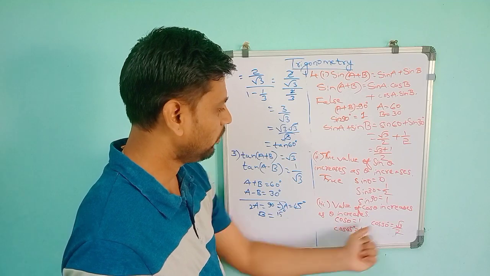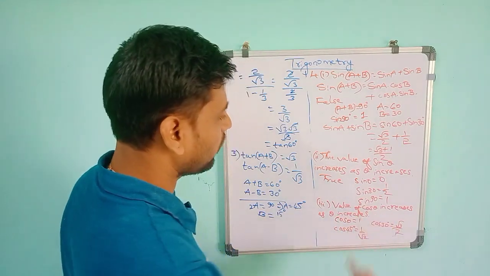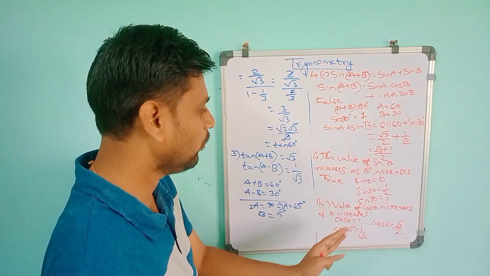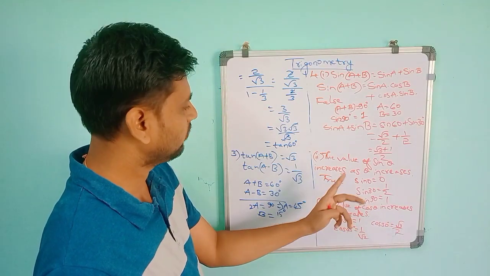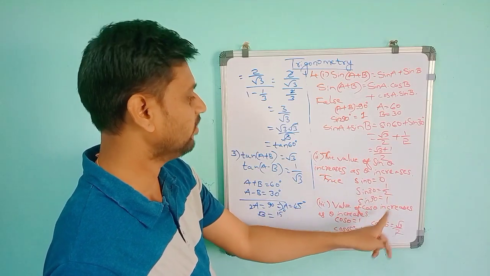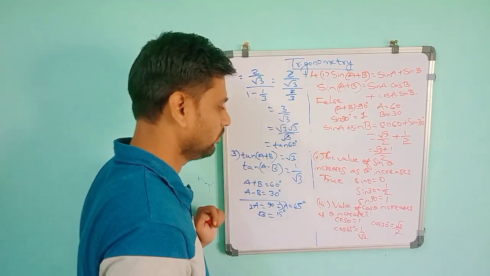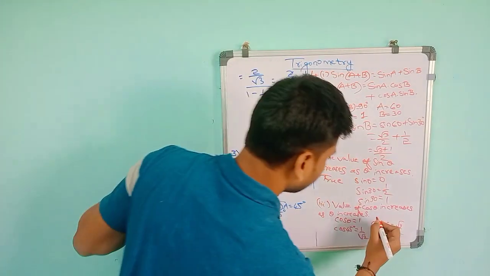Again if you increase theta to 45 degrees, it becomes 1 by root 2. So the value of cos theta decreases as theta increases. The reverse of that is sin: sin increases as theta increases, but cos decreases. So this is false.